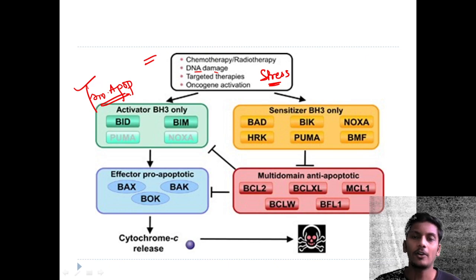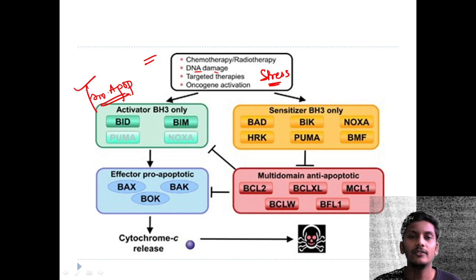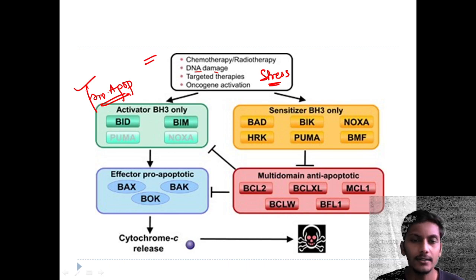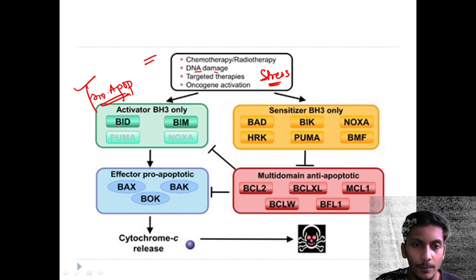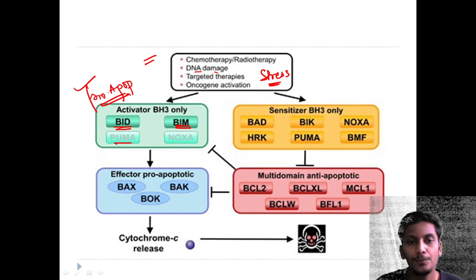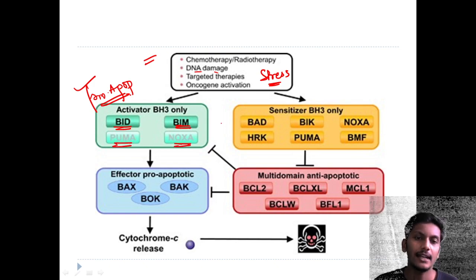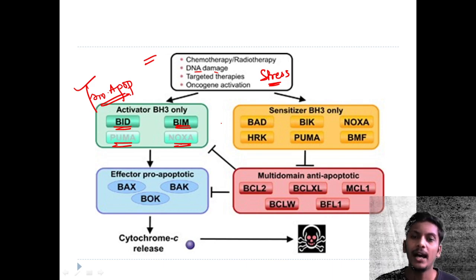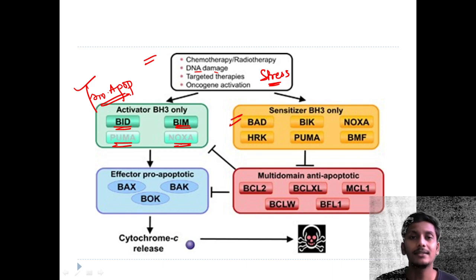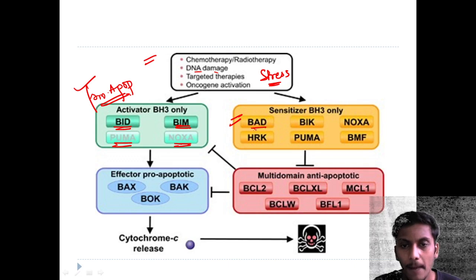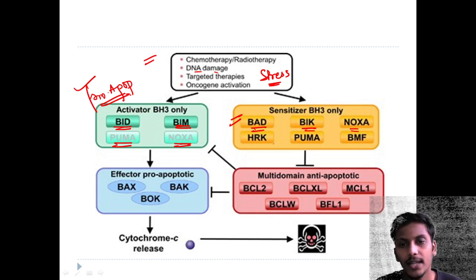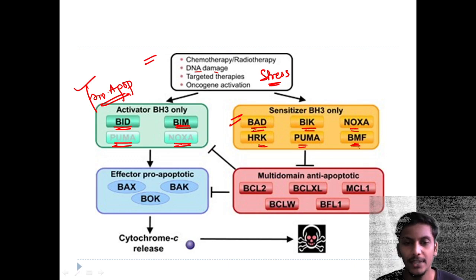Therefore these pro-apoptotic factors are to be activated. And which are all the pro-apoptotic factors? Please remember, these are your BID, BIM, PUMA, NOXA. These are your activator factors. Some of the factors will sensitize apoptosis: these are your BAD, BIK, NOXA, HRK, PUMA and BMF.